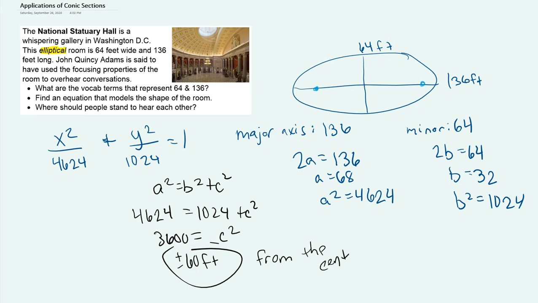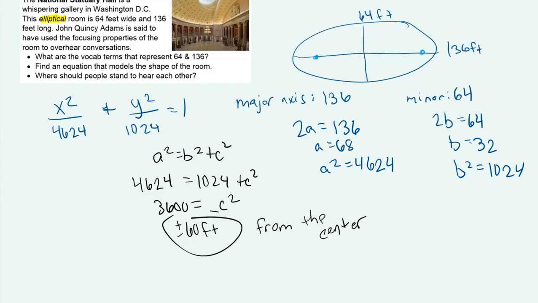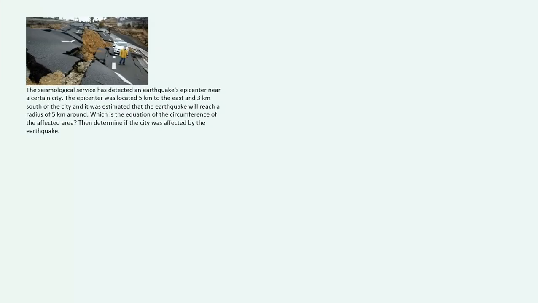So that's our first application. Our next application says that there's an epicenter near a certain city. It says the epicenter is located 5 kilometers to the east, and it's located 3 kilometers south.